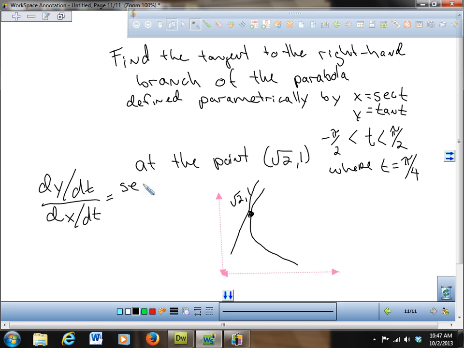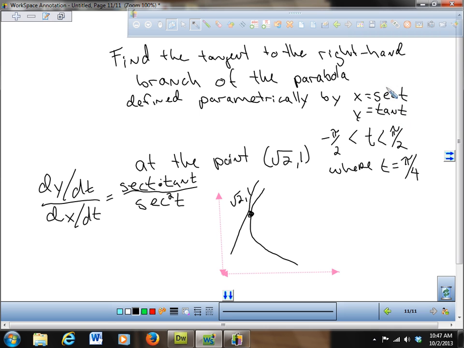So it's secant t tangent t, over what's the derivative of tangent? Secant squared t. Now this point, root of 2, 1, they got from plugging pi over 4 in here and from plugging pi over 4 in there. That's where that point came from.